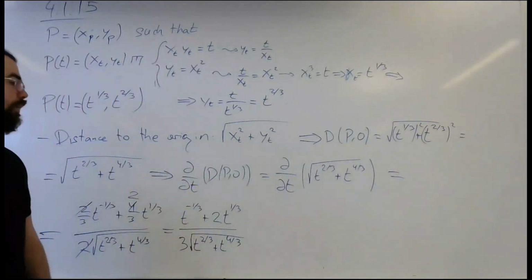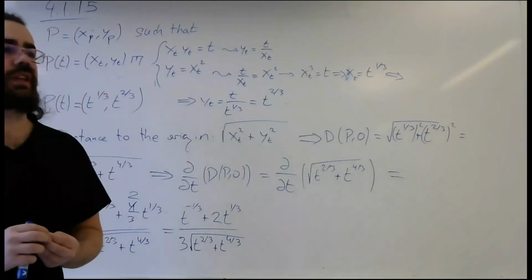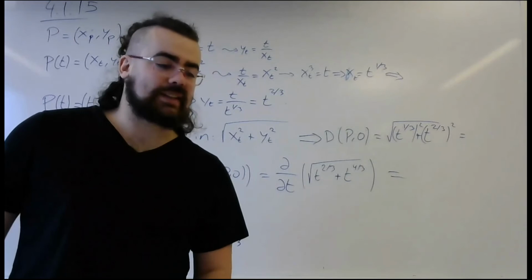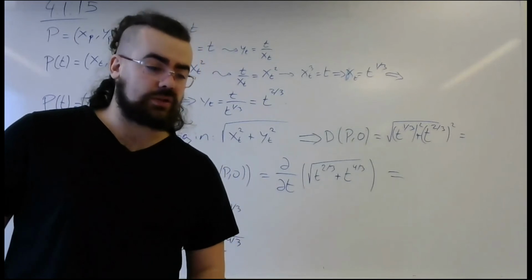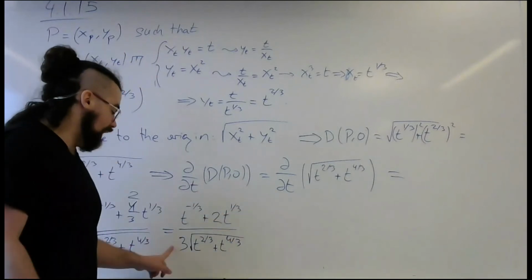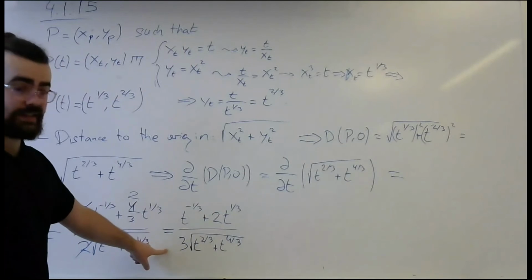Now, you may be tempted to substitute t equal 2 here. And what you would get is the distance to the origin at t equal 2. However, what you would not get is how fast the speed changes at t equal 2, which is the reason why you have to derivate this. So this is the rate of change. This is the distance. This is the rate of change.